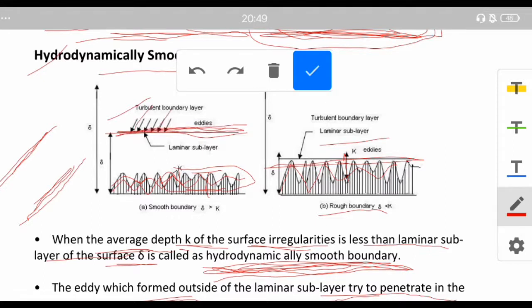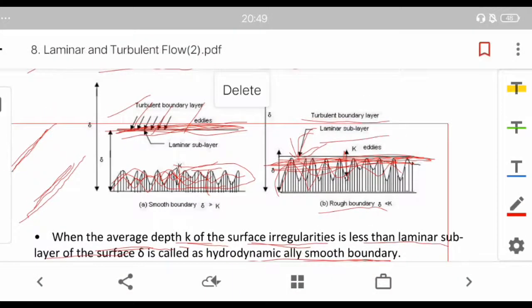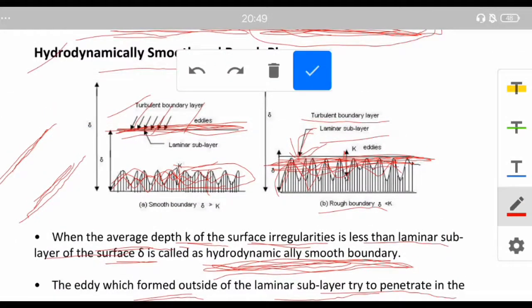So the turbulent flows won't affect these surface irregularities if the average height is much lesser than the laminar sublayer. But whenever the laminar sublayer is very close to the rough boundary surface, there is a complete chance that the eddies developing at the turbulent boundary layer will come and affect these surface irregularities, and these layers are already so irregular.